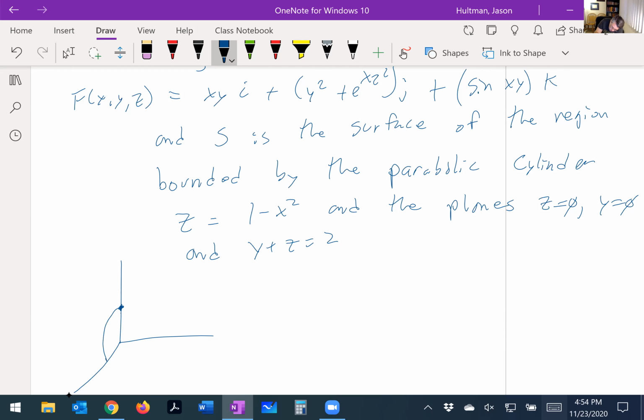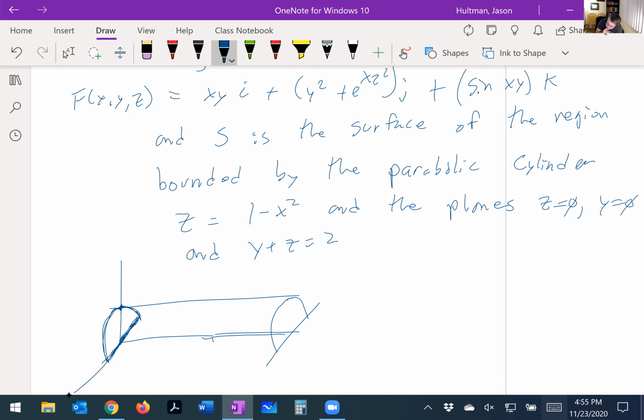It goes down like this. And then what happens in the y direction? Well, nothing. You can just keep going on forever. Right, it's a cylinder.